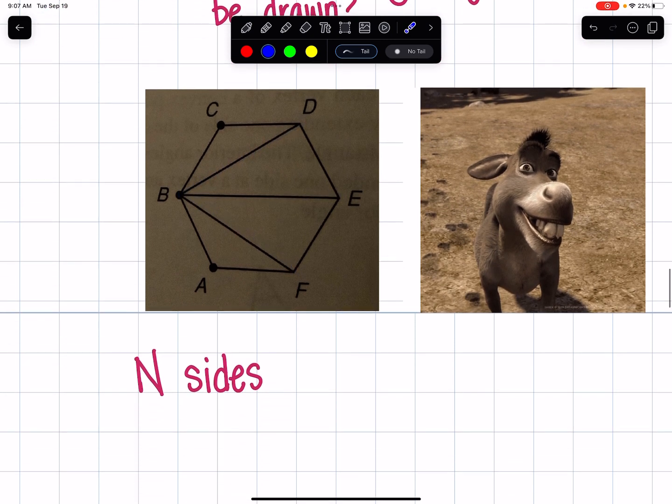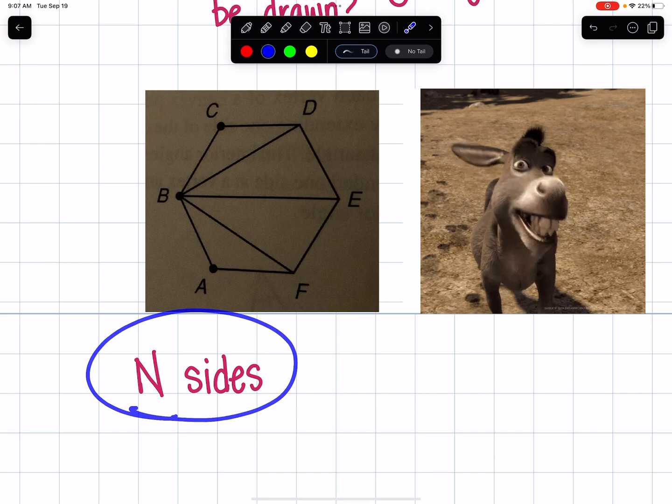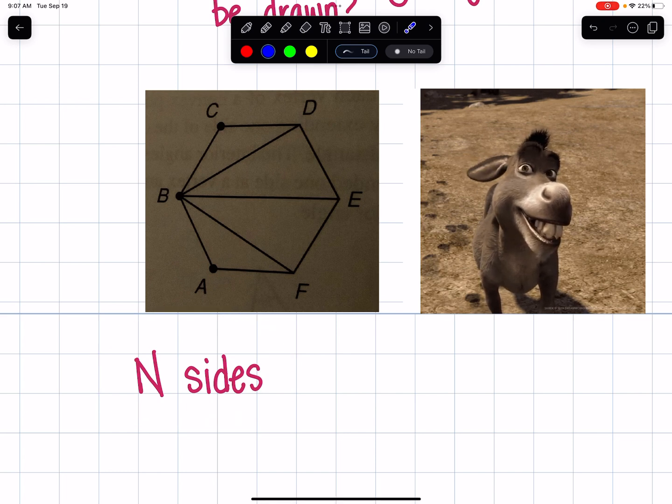And they want to make a formula for that. So if we have n number of sides, because we want this to be true for any polygon no matter how many sides it has, how do we figure out how many diagonals we can draw? Well, the first step is that we can draw n minus 3 diagonals from one point. Why is it n minus 3? Because the number of vertices is the number of sides.